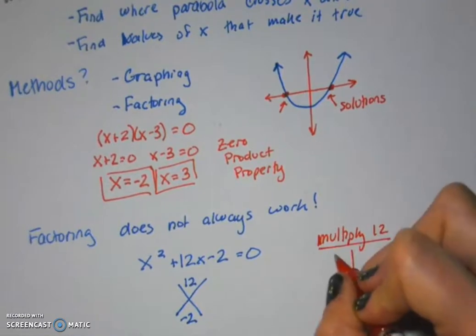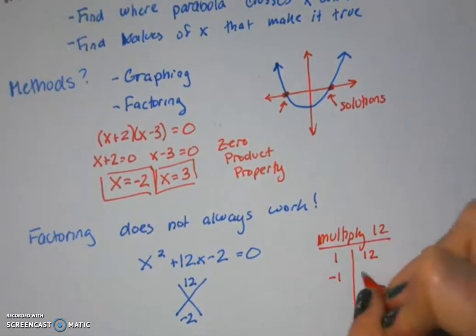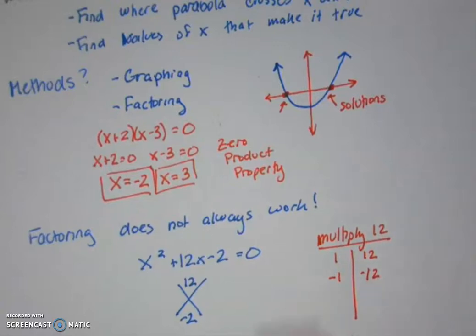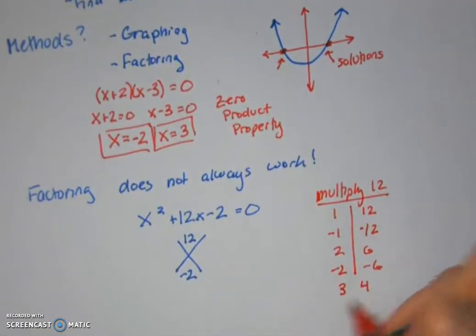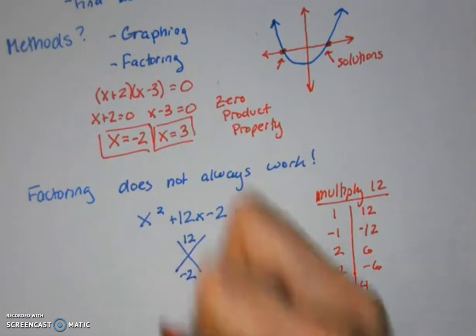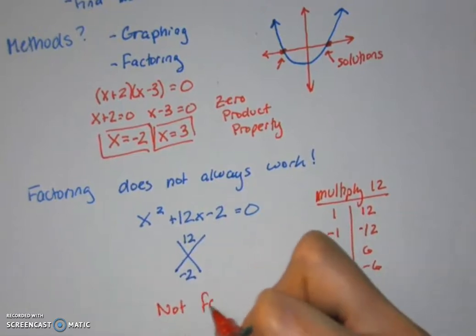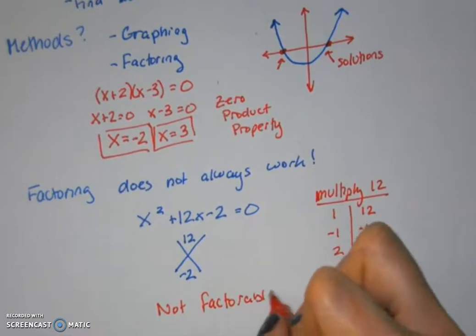And we might get 1 and 12, negative 1 and negative 12, but those don't add up to negative 2. 2 and 6, or negative 2 and negative 6 also don't work. And 3 and 4 and negative 3 and negative 4 also don't work. So this is what we would say is not factorable.